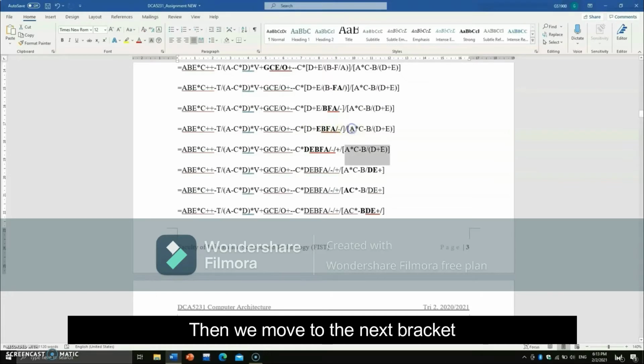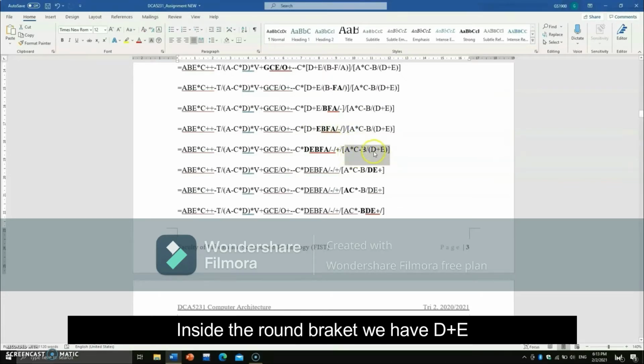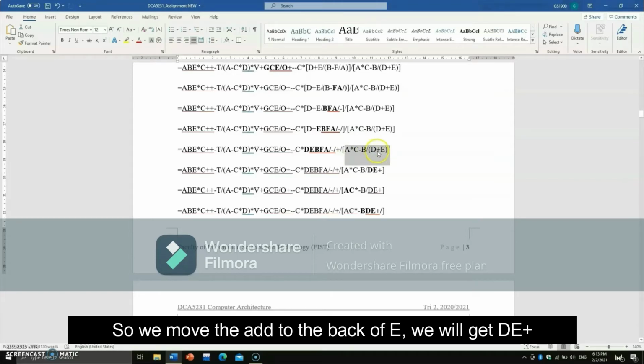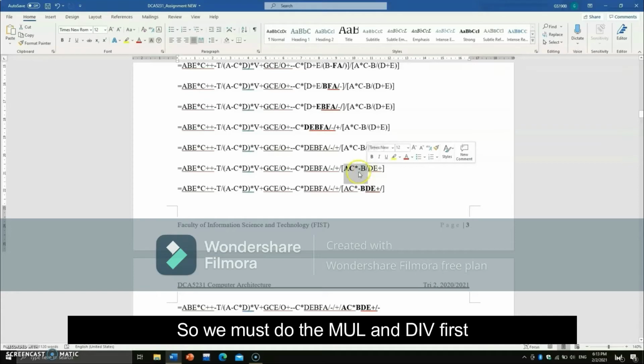Okay, then we move to the next bracket. Inside the round bracket, we have D add E. So we move the add to the back of E. So we will get DE add. Then inside the square bracket, we have multiply, divide and subtract. So we must do the multiply and divide first.